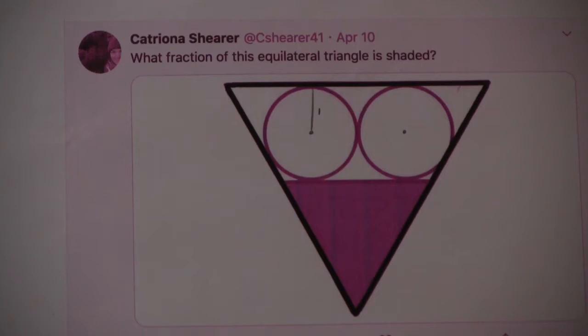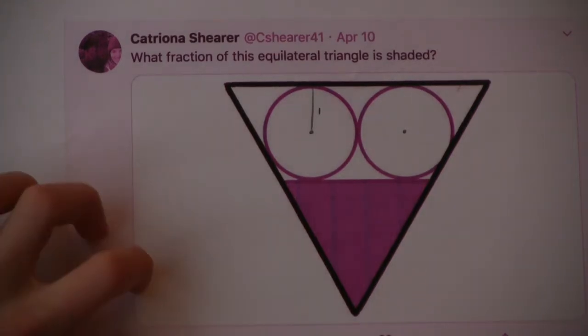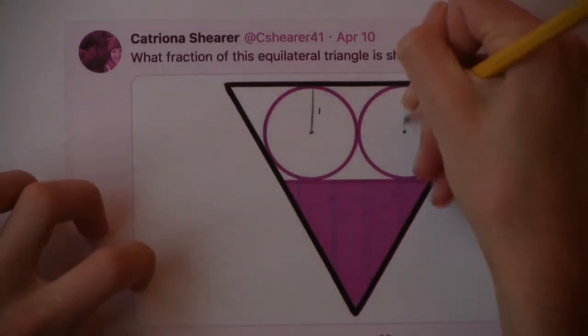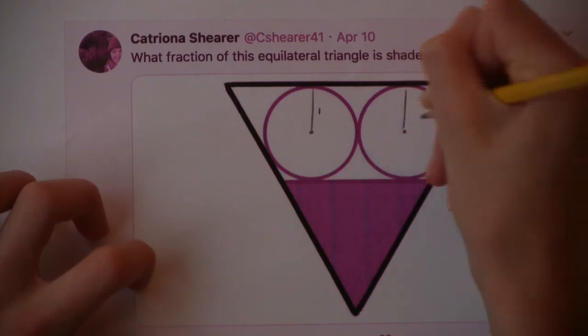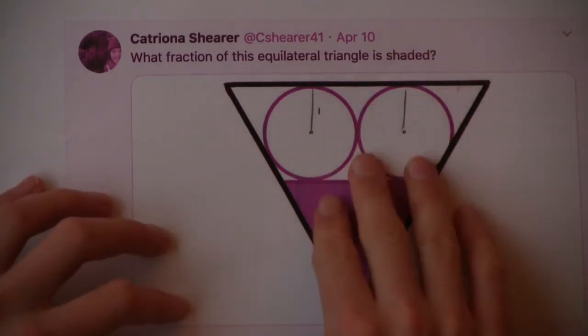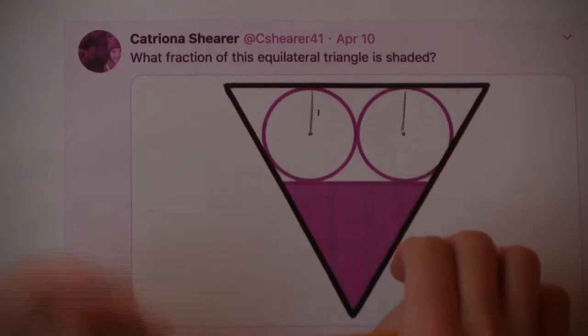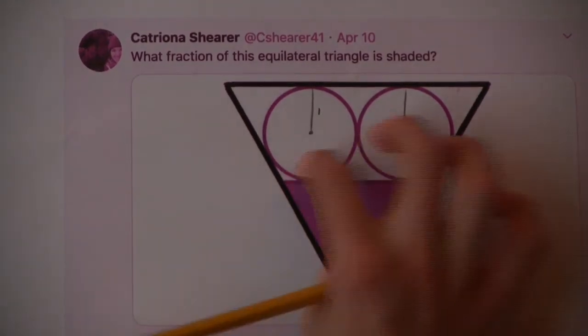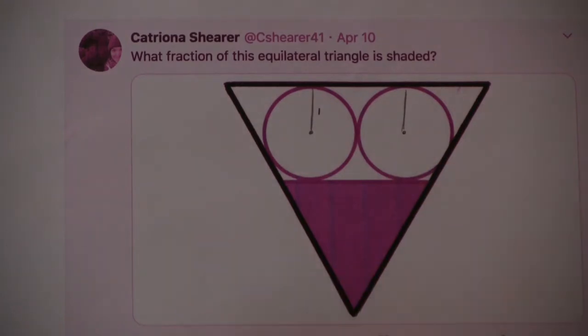You can approach this problem using some 30, 60, 90 triangles. What I'm going to try to do is find the area of the entire thing and maybe subtract away the area of this trapezoid.